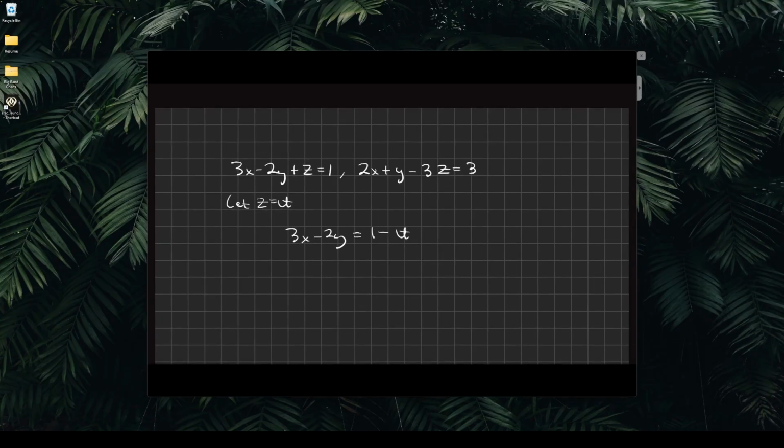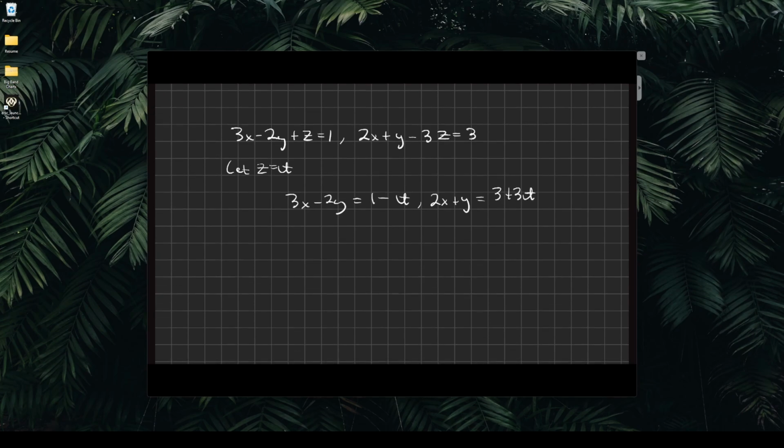I just moved that z over to the right side and let it equal t. And then 2x plus y equals 3 plus 3t. Okay, so this gives us x is 1 plus 5/7 times t. Y equals 1 plus 11 over 7 times t. And then we have z just being t.